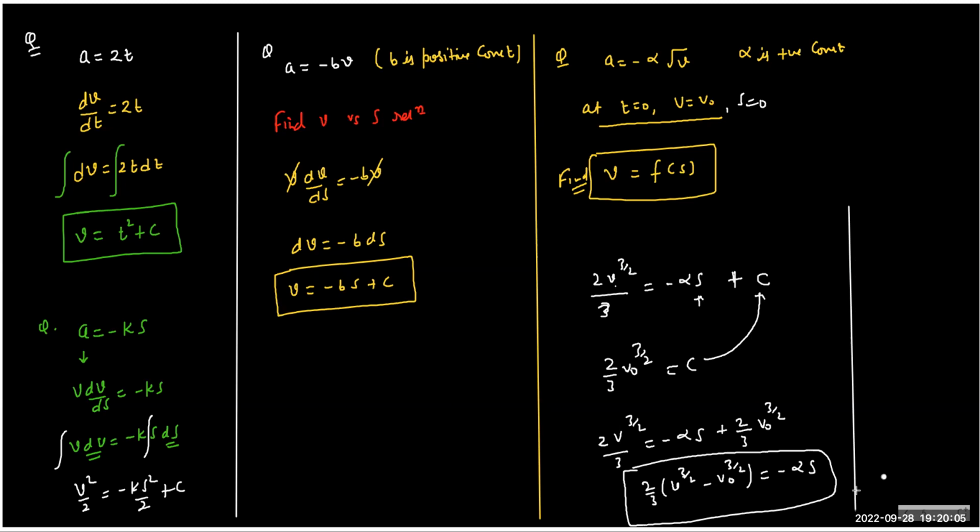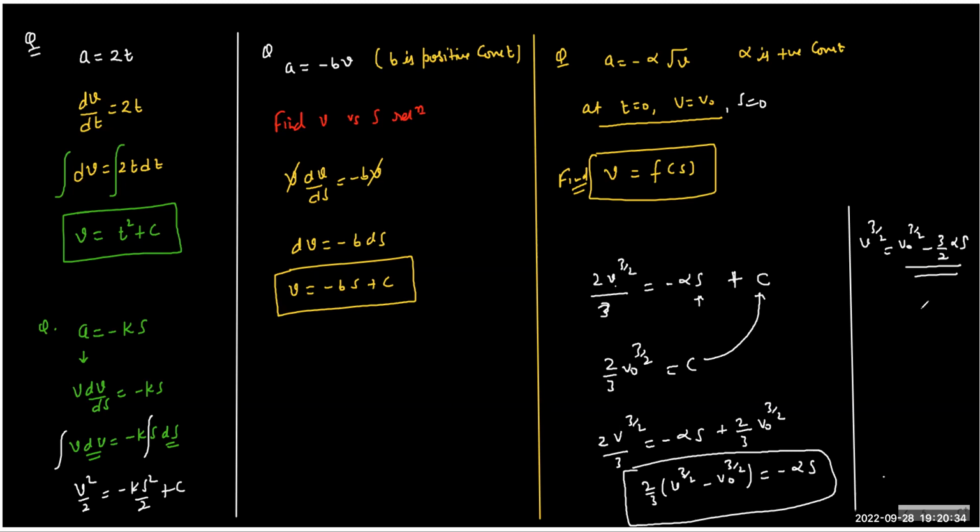Can you guess? So you can write v to the power 3 by 2. So as you move ahead, as s will grow, this term will decrease. So when you move ahead, you will slow down and eventually you will stop at some place.